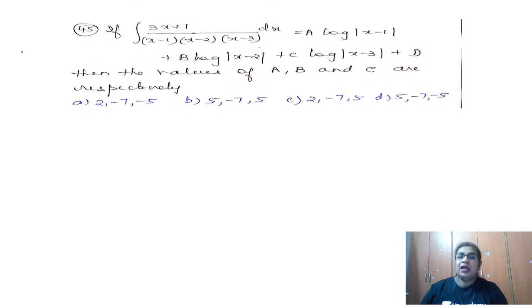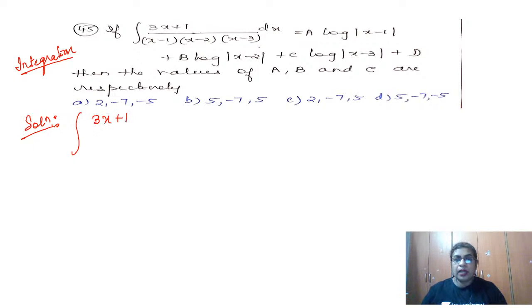This is from the integration chapter, the concept of partial fractions. So how to solve this now? Let us see here what we have. We have the integral of 3x plus 1 whole divided by x minus 1 into x minus 2 into x minus 3 into dx.